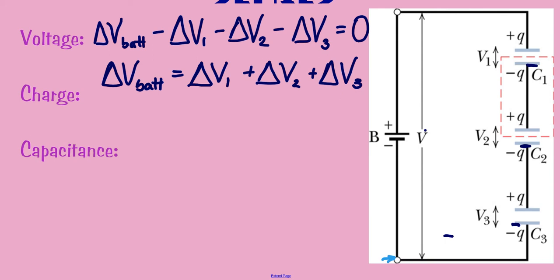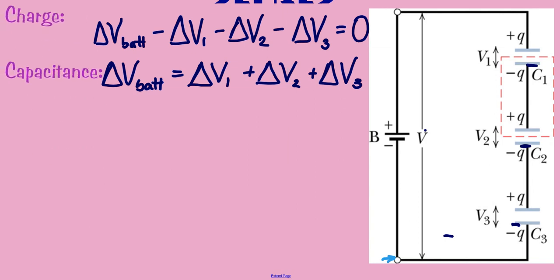Hopefully what you've noticed is that for every electron that accumulates on C3, we also get an electron accumulating on C2 and an electron accumulating on C1. That means that each of these would have to be the same.